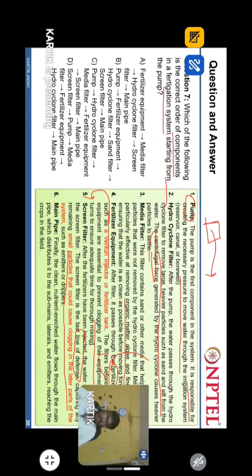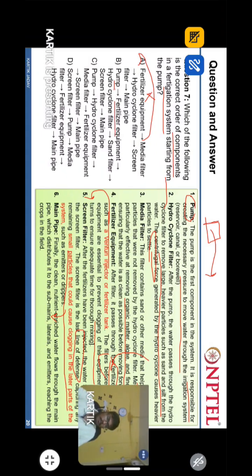Then this water will move to the main pipe, right? So let's explore the options. Option A given is fertilizer equipment, then we have media filter. No, we have the media and hydrocyclone filters before the fertilizer equipment. So option A is wrong. We have pump, that is right. Then we have fertilizer equipment.